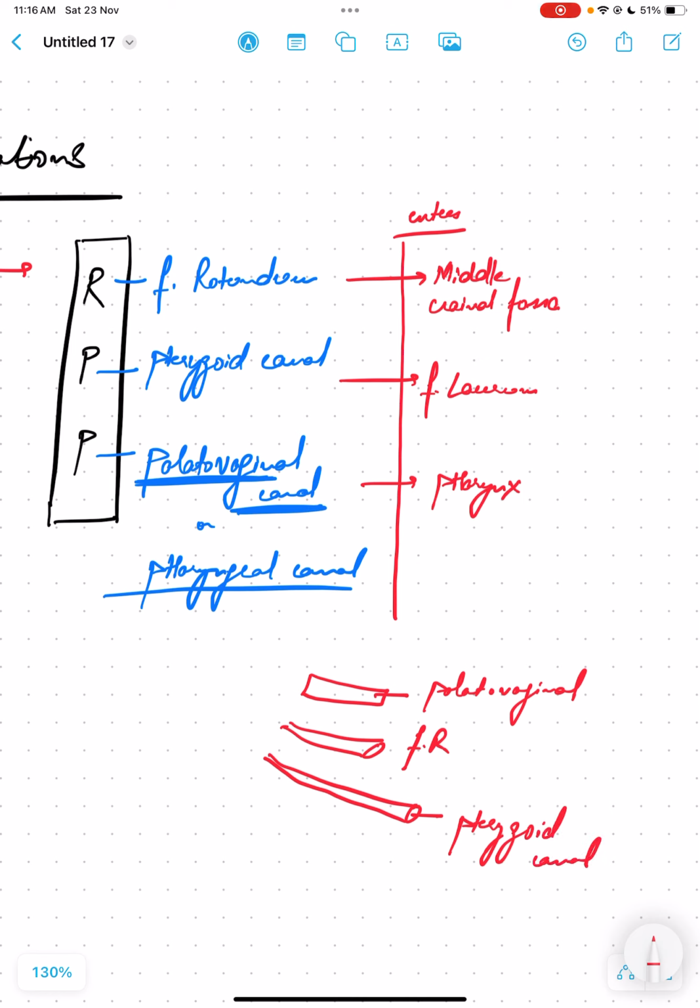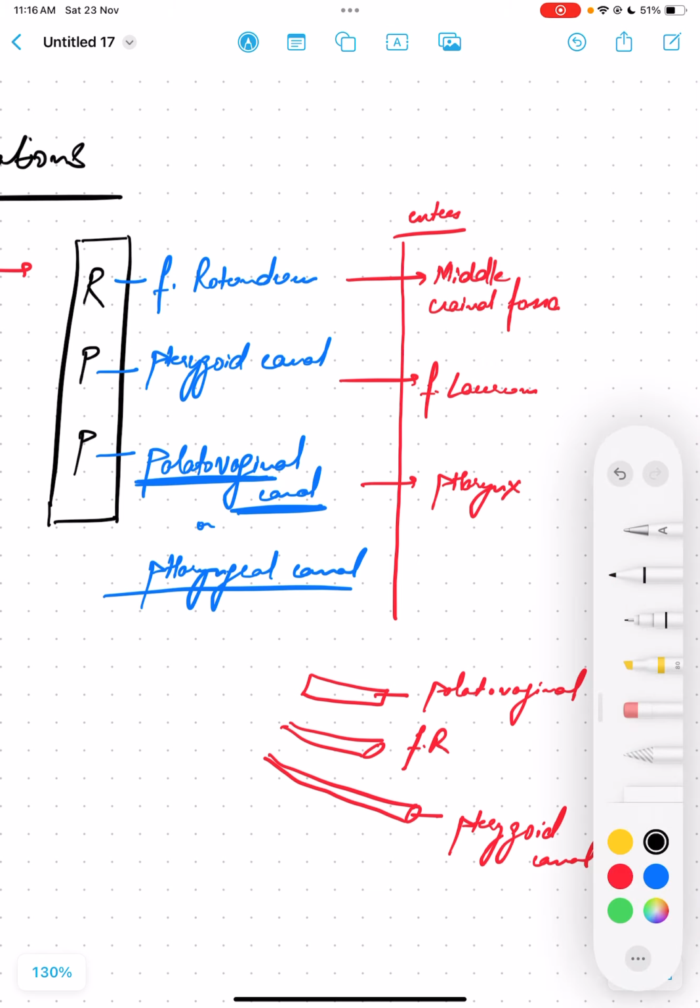For the mnemonic, you have to remember RPP, that is the foramen rotundum, pterygoid canal, and the palatovaginal canal. The foramen rotundum enters the middle cranial fossa, the pterygoid canal enters the foramen lacerum, and the palatovaginal or the pharyngeal canal enters the pharynx. These were the posterior communications.